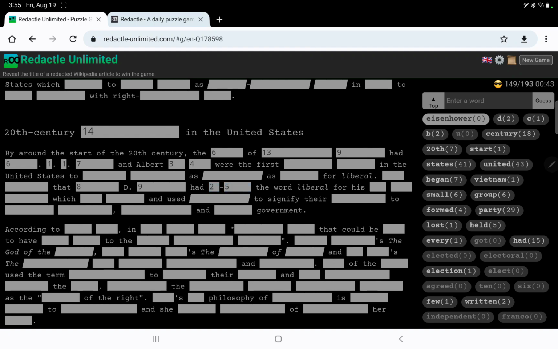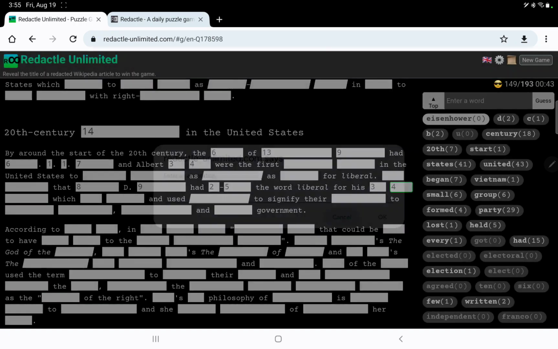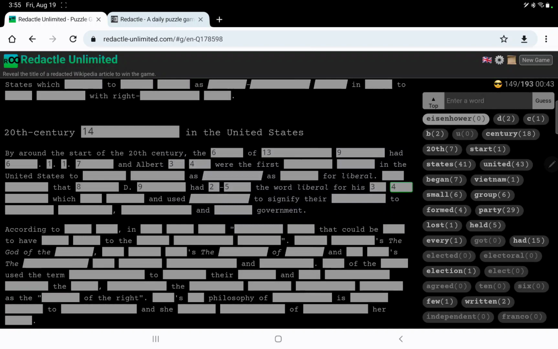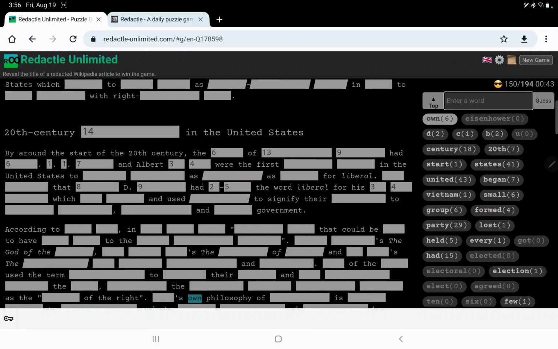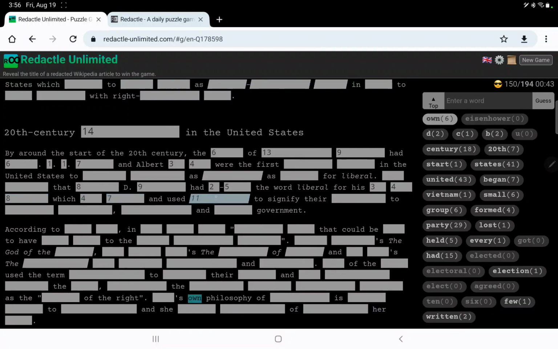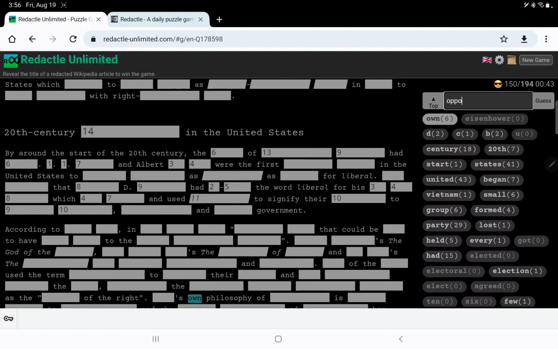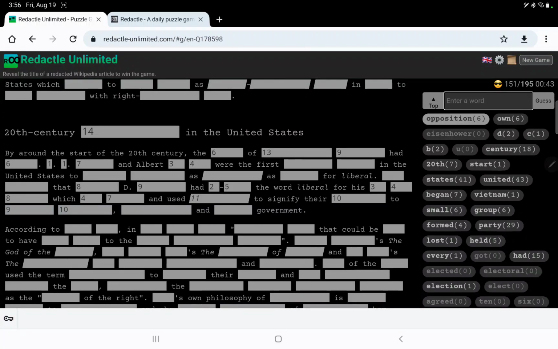Had something, the word liberal, for his own. No. And used 11 to signify their opposition. No, they're 10.